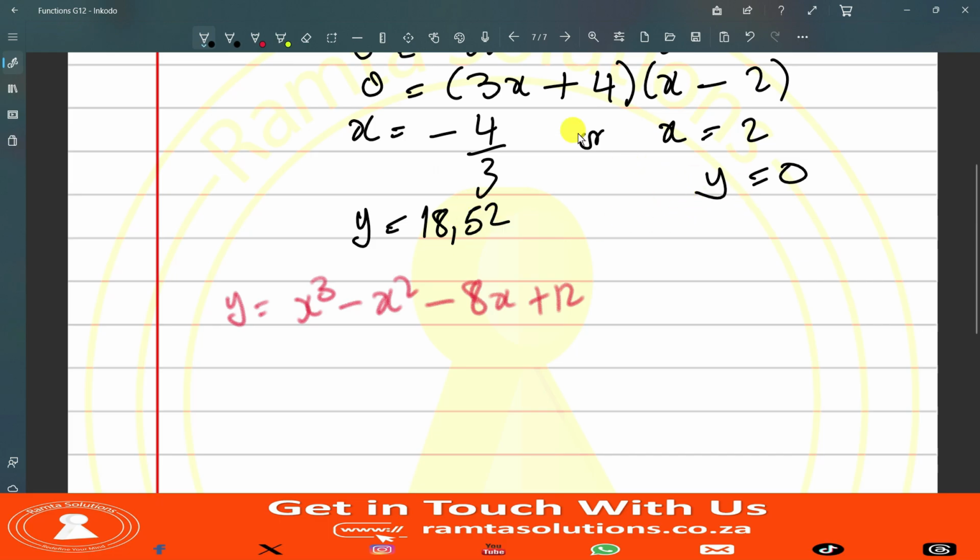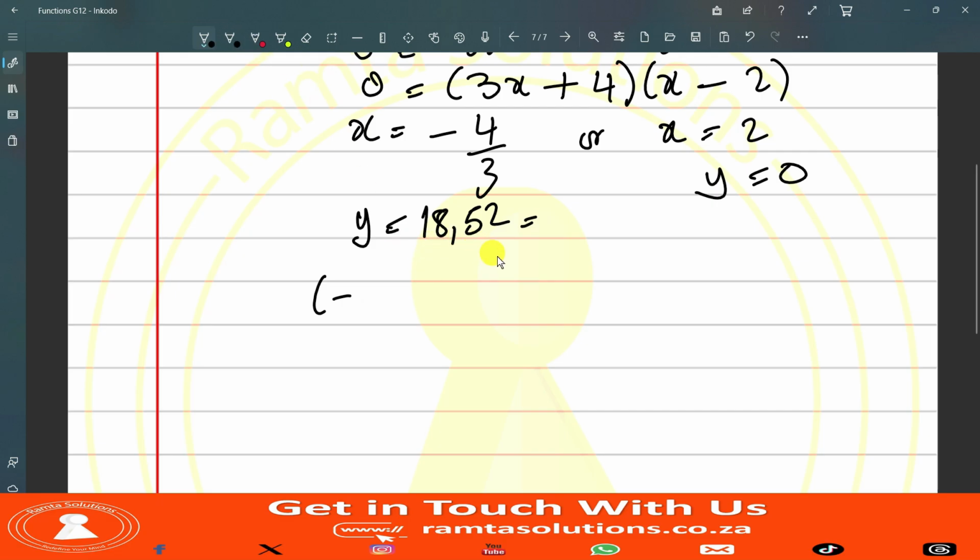And with this one, I think I can also do it. We did do it. It's 0. It's okay. So the stationary points, remember your turning points, are negative 4 over 3. By the way, if you don't want to write it as a fraction, you can just say 500 over 27, but I don't like that.